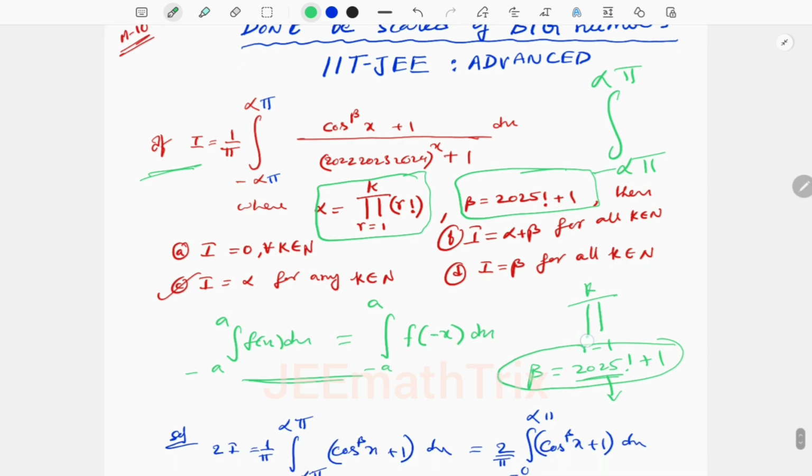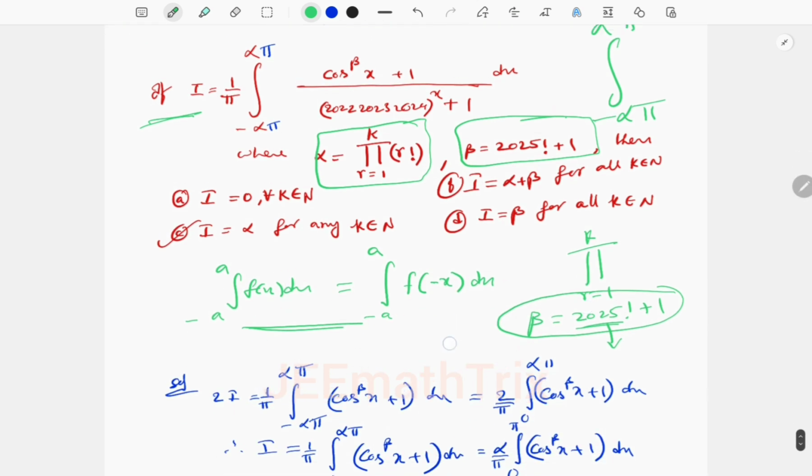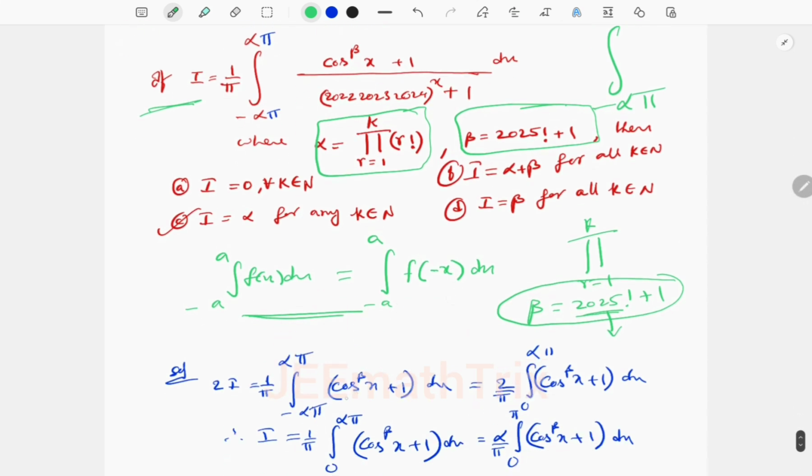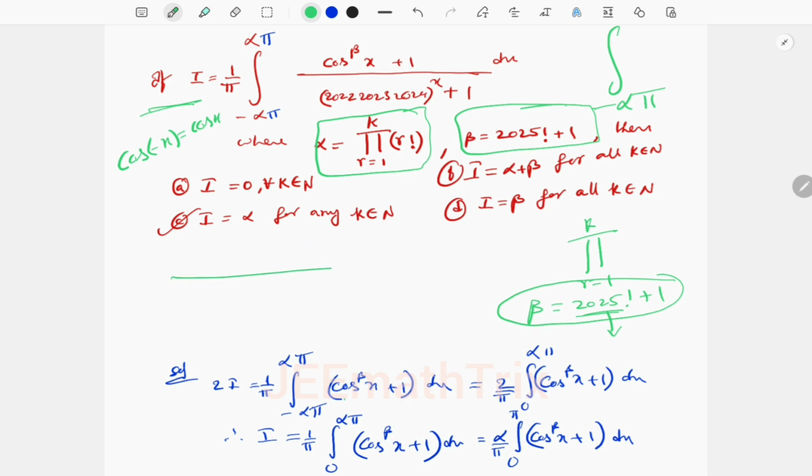integral from minus a to a of f of x equals integral from minus a to a of f of minus x, then that I value comes out to be again cos of beta power x. When you replace x with minus x, cos of minus x will be the same as cos x, so it will not change. But the base will change, the denominator will change as 2022 2023 2024 whole power minus x plus 1.